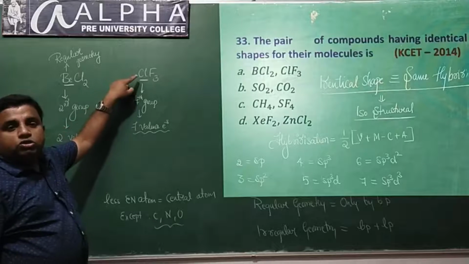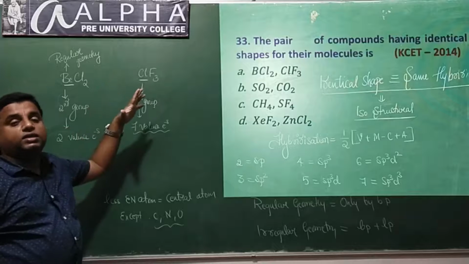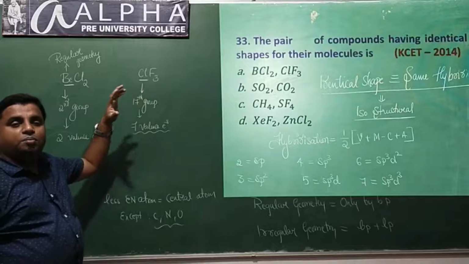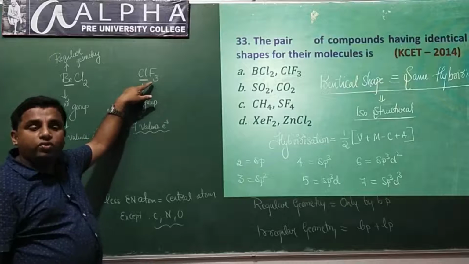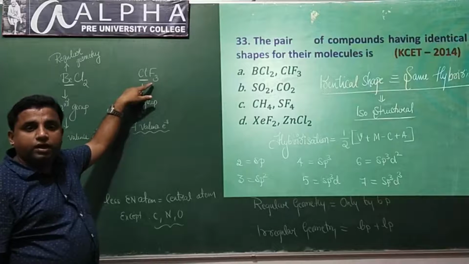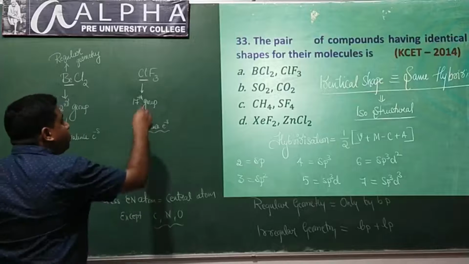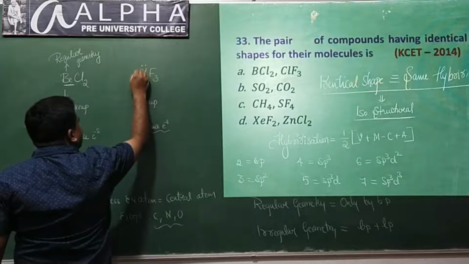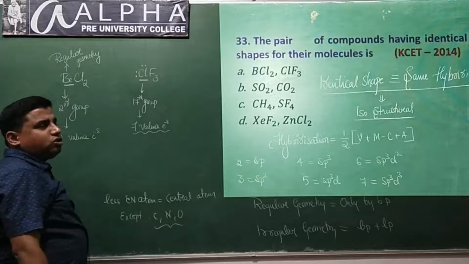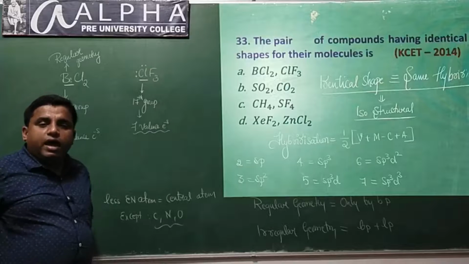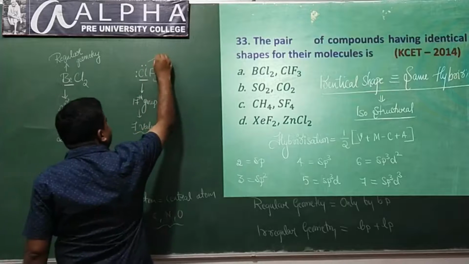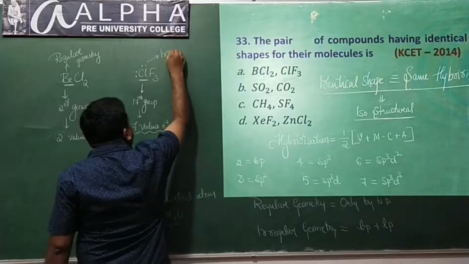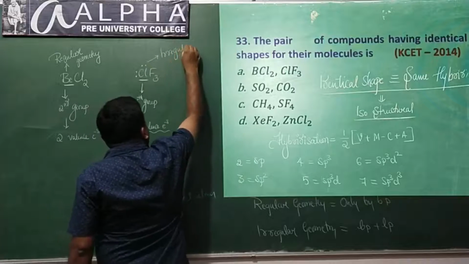So chlorine has 7 valence electrons, but it has used only 3 valence electrons to form bonds with fluorine atoms. The remaining 4 are lone pair of electrons. That means chlorine has both bond pair as well as lone pair. Hence, it is irregular geometry.